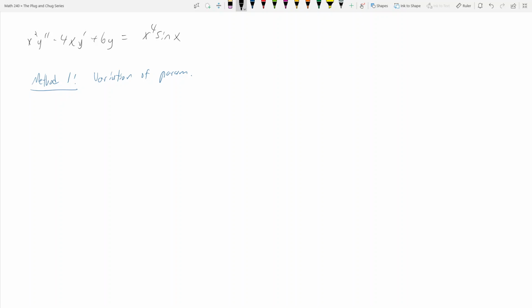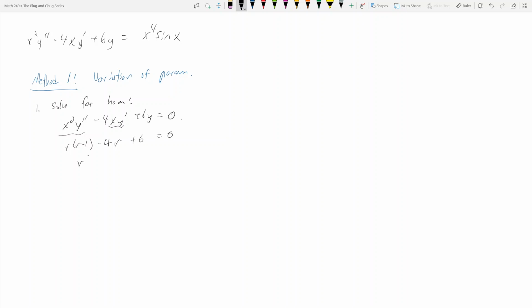Well, we first solve for the homogeneous using Cauchy-Euler. So x squared y double prime minus 4xy prime plus 6y equals 0. And remember, in Cauchy-Euler, this becomes r times r minus 1, minus 4 times r, plus 6 equals 0.